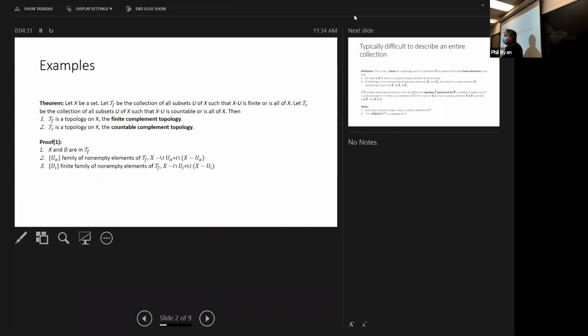Why do we assume it's a finite family? Because remember, when it comes to topology, we're only interested in finite intersections. So this is a finite intersection, and by De Morgan's law, the complement of a finite intersection is a finite union.